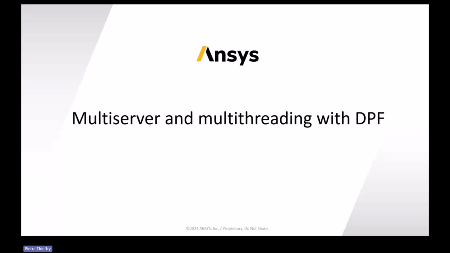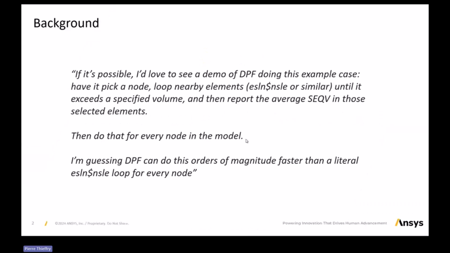Yes. Good. So this is going to be a short presentation, but on an example that I worked on with a user who asked me that question. He wanted to understand what he could do with DPF, and what he was running into was the need for computing volume average stresses. So what does that mean?